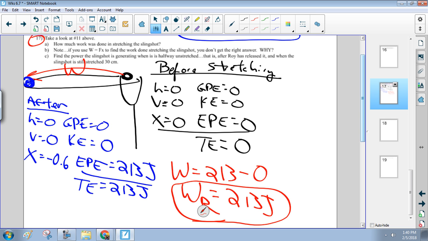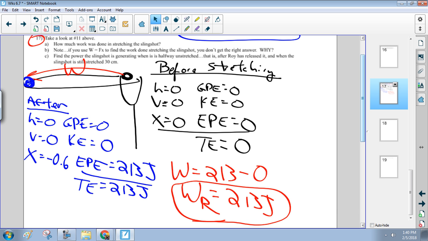I thought that potential energy was a conservative force. You're right. The rubber band is a conservative force, so it doesn't do work. But how did the rubber band get stretched? Right there, a non-conservative force. Before he stretches it, there's no energy. He does 213 joules of work to stretch it, so now it's got 213 joules of elastic potential energy.